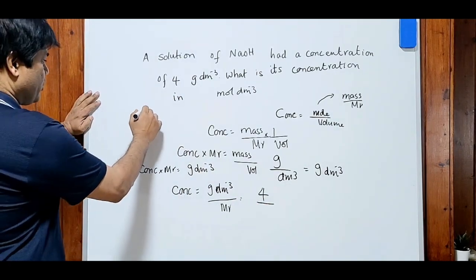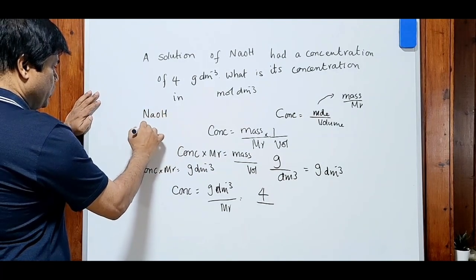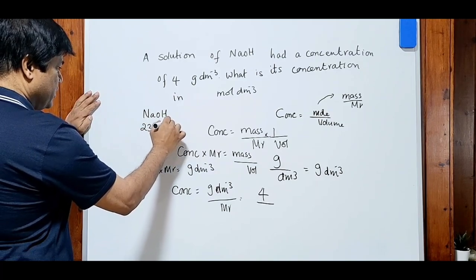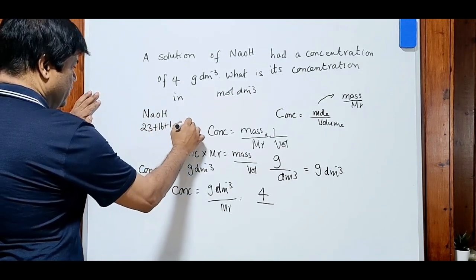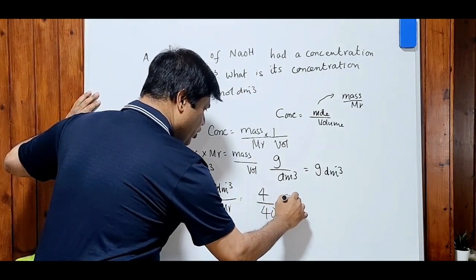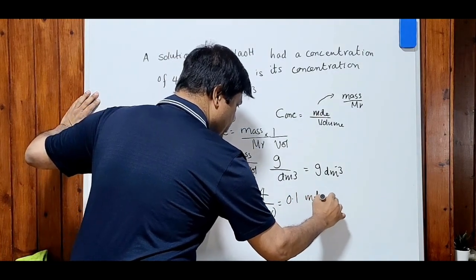Mr of NaOH: sodium 23 plus oxygen 16 plus H 1, which is 40. So 4 divided by 40 equals 0.1 mole per dm cube.